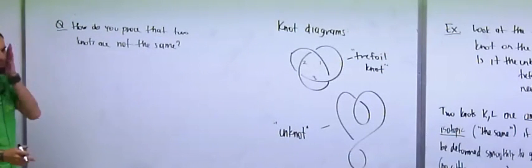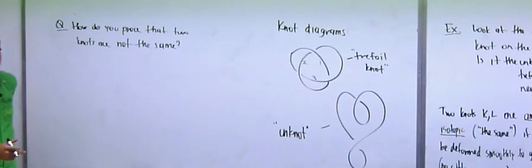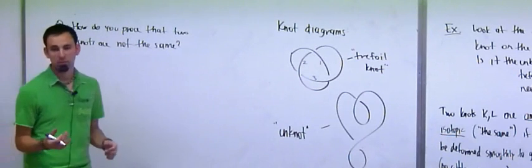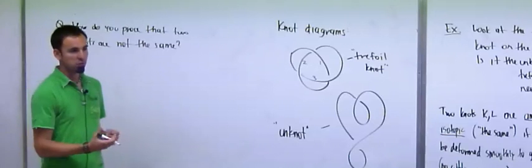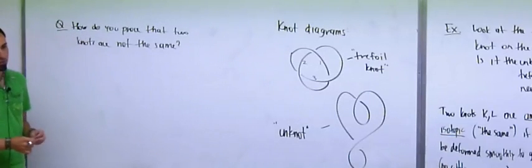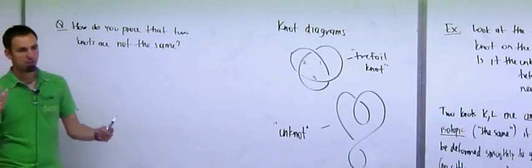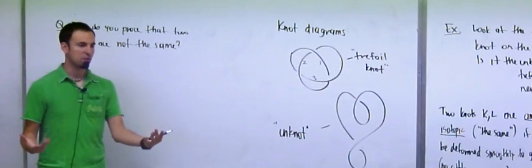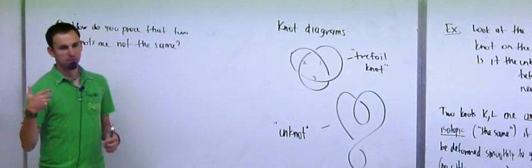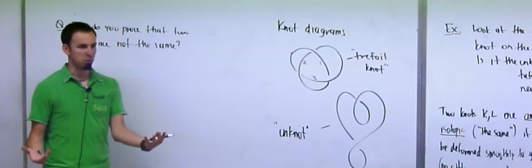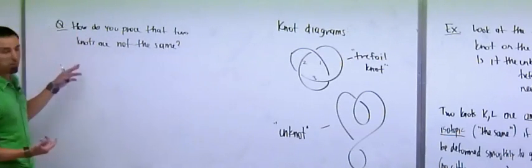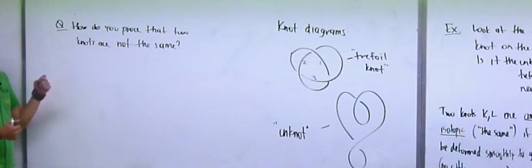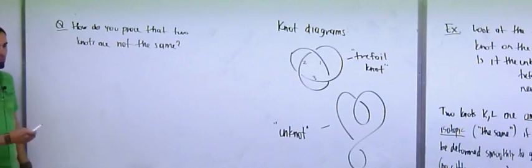And you'll realize that this is similar to the question for matroids. If you wanted to show that two matroids were the same, you would just give me the isomorphism between the two. If you wanted to show that two matroids were different, then you could tell me, for example, well, this one has more elements than this one. Or you could tell me the Tutte polynomial of this one is not the Tutte polynomial of this one. So they can't be the same if they have different Tutte polynomials. And this is the same thing that we want to do here, is we want to associate invariants like we did to matroids.